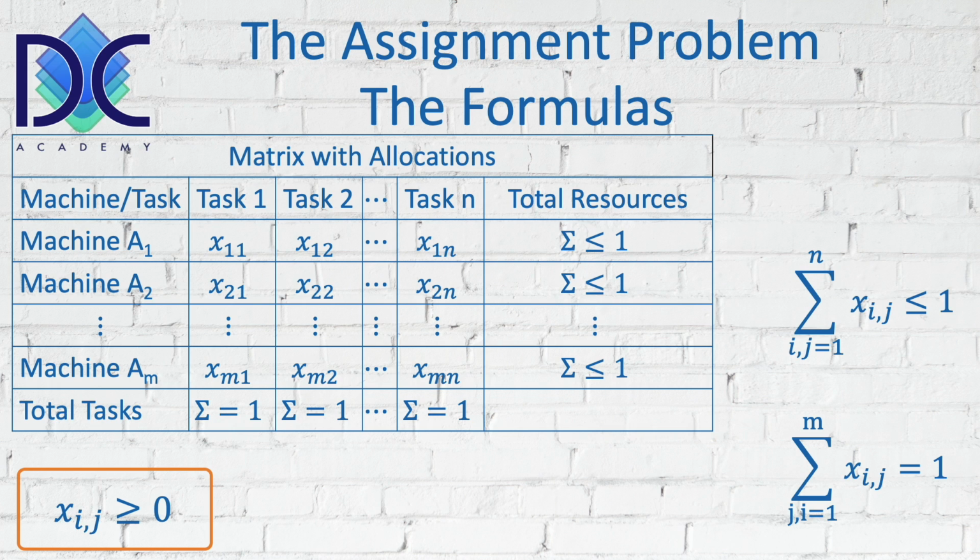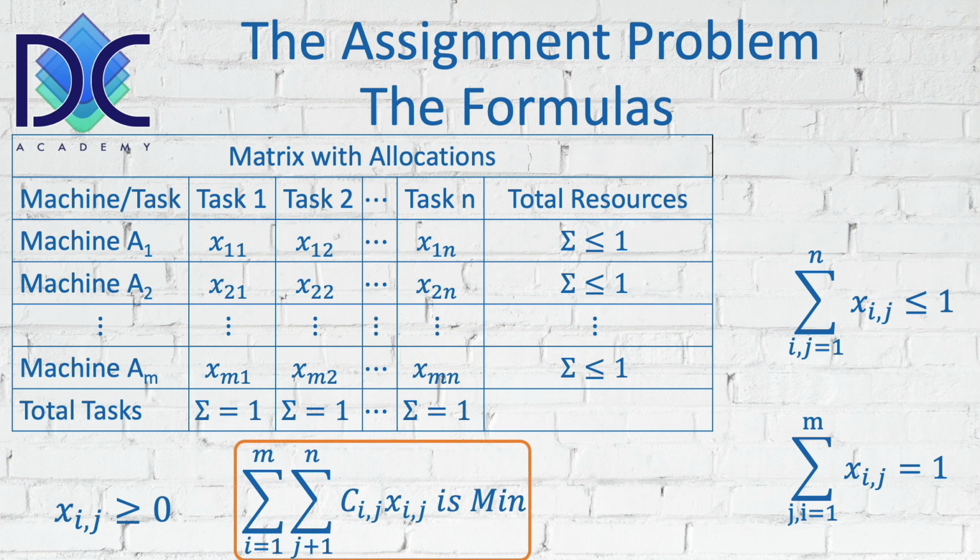But this is basically the non-negativity condition that we always have to include in linear programming problems. And then we have the objective function where we have to minimize the cost. So basically, every entry in the table has to be multiplied with the relevant cost and added together, and that cost has to be minimum.